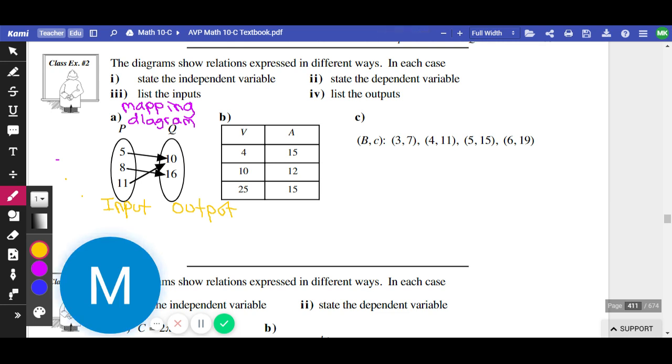Awesome. Looking at the second one. The inputs and the outputs on a table of values. Right? That's what this is called. Table of values. The first thing is your input.